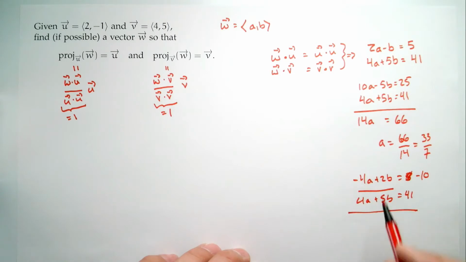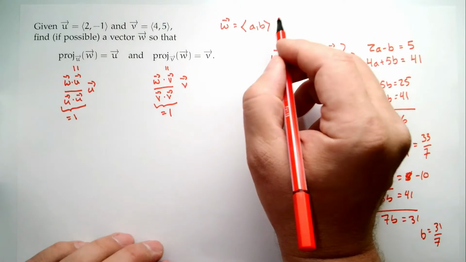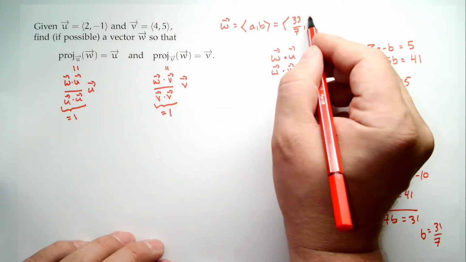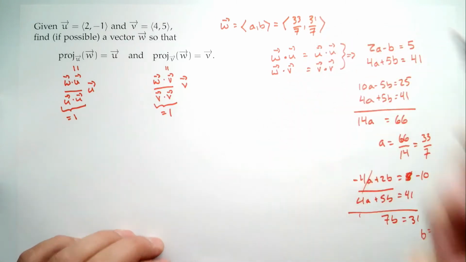Now if you combine, the a's cancel, 7b equals 31, and so b equals 31 sevenths. So there's our answer. a should be 33 sevenths, and b should be 31 sevenths. Just like we would have thought when we started. Well, maybe not.